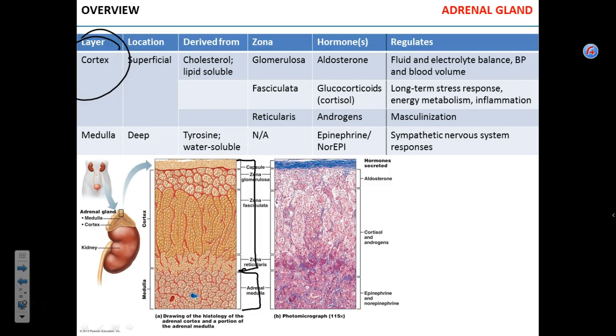Adrenal medulla hormones, you all know them: epinephrine, norepinephrine, or as they used to be called before, noradrenaline and adrenaline. Right? What causes the production of those hormones?